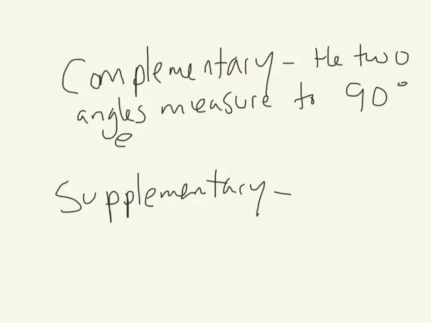So an example of this would be if we had an acute angle that was 32 degrees and another acute angle that was a little bit larger, which measured 58 degrees. These would be considered complementary angles because the sum of their measurements equals 90 degrees.